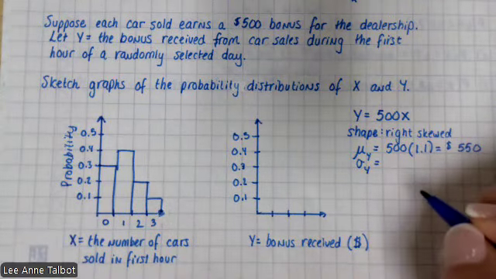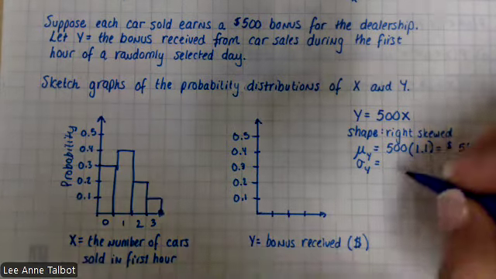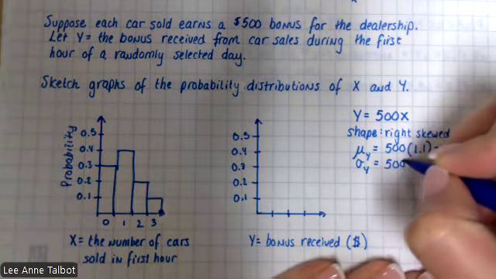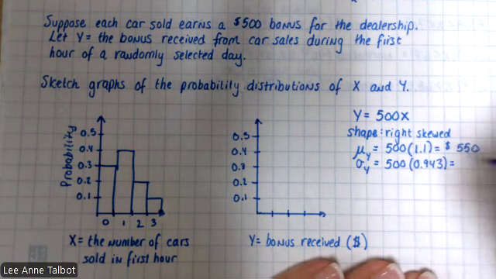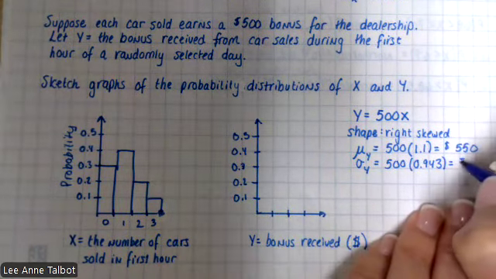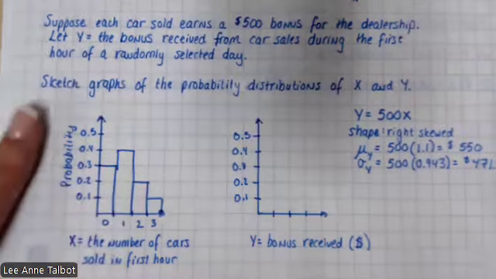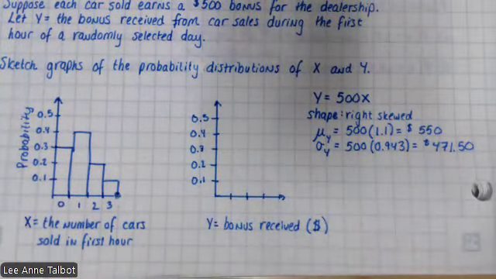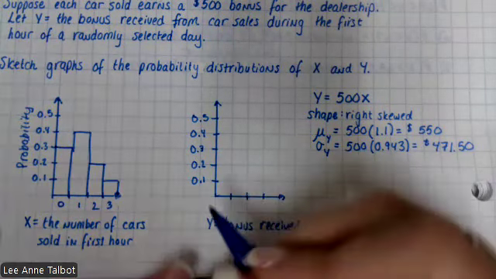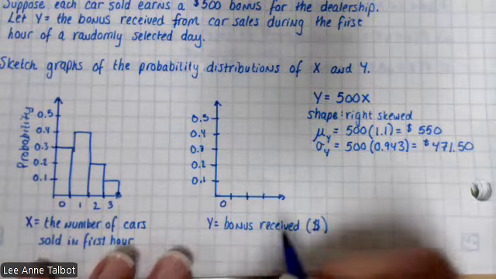Are the measures of spread affected by multiplication? Yes. Okay, so what we're going to do is take each of these values down here and multiply them by 500.